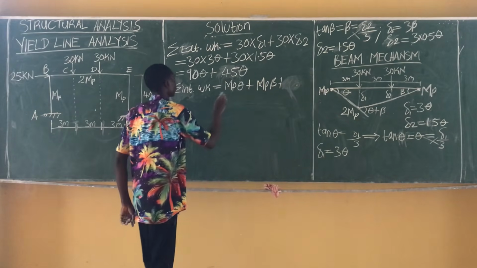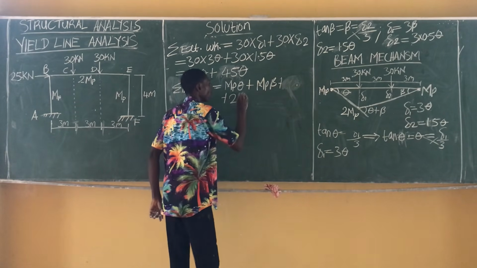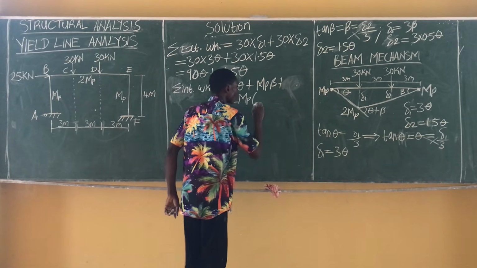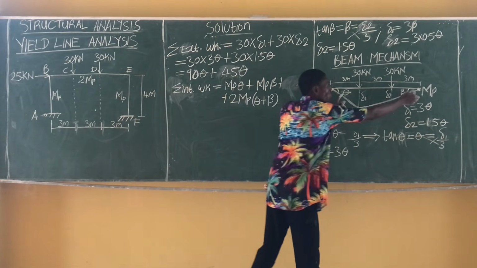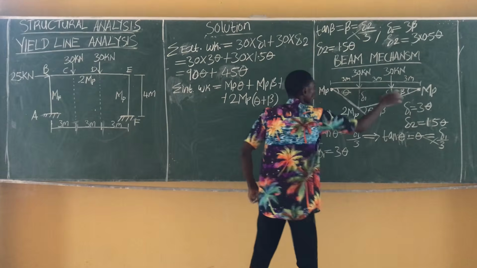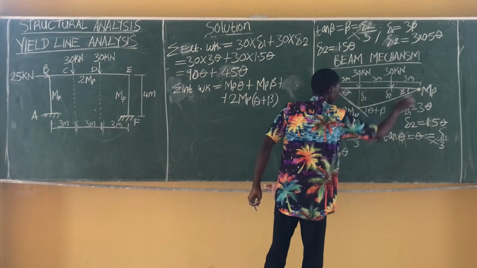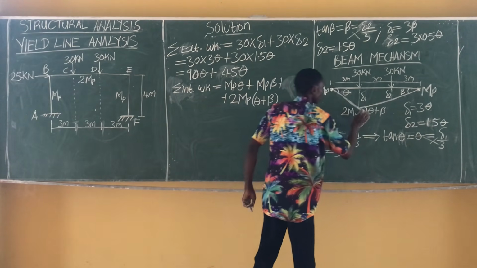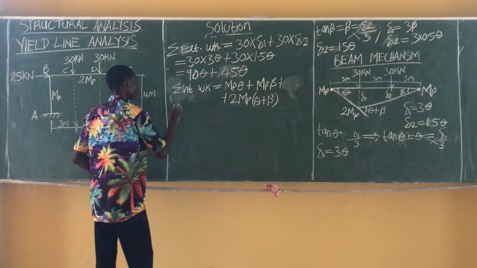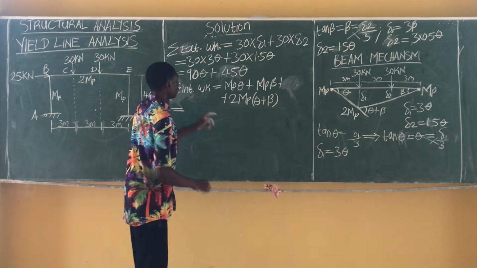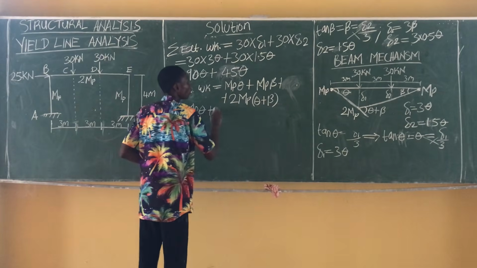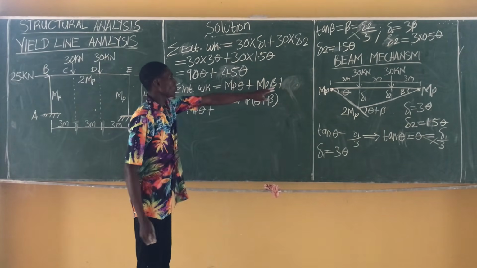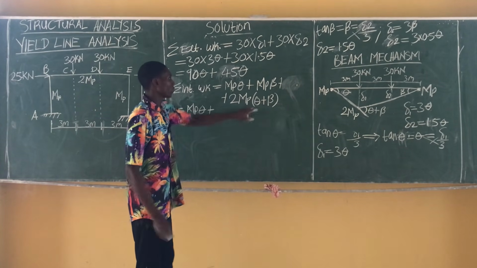let me write this downwards. Plus 2 MP into theta plus beta, which is the summation of these angles. Summation of 2 interior angles in a triangle is equal to the exterior angle. So this is equal to MP theta plus, we are going to express beta in terms of theta.